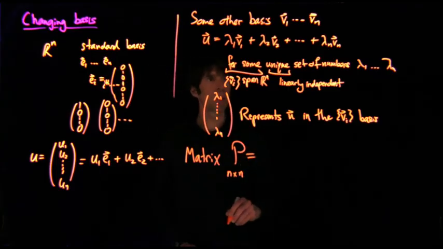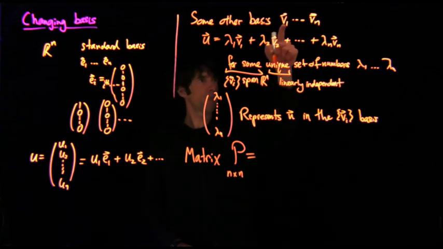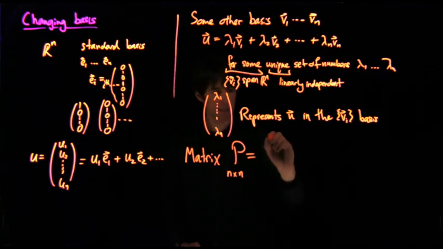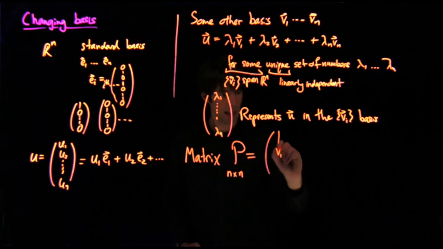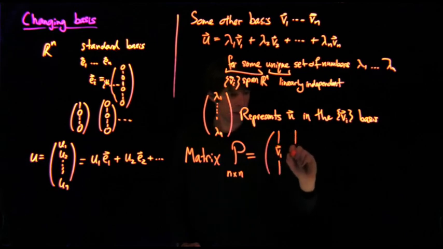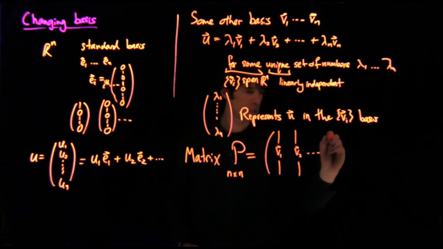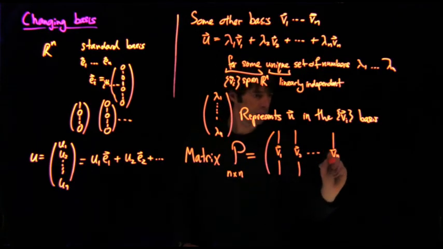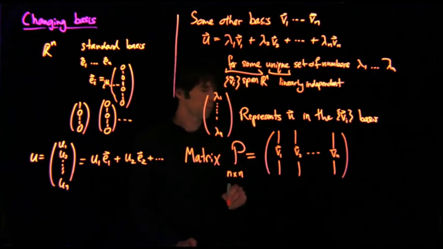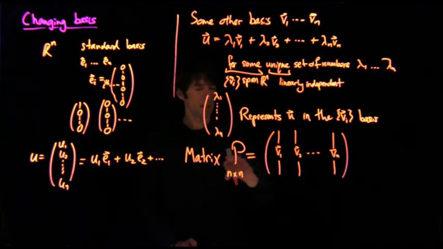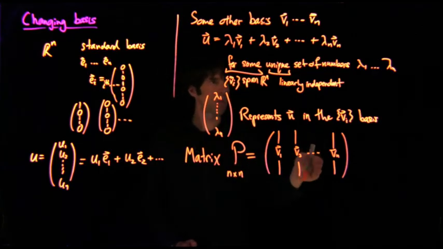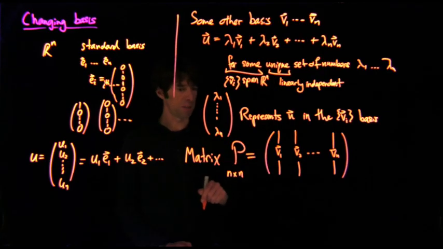And what I'm going to do is take the first basis vector, v1, and stick it as the first column. I'm going to take the second basis vector, v2, and stick that as the second column, and so on. Vn is going to be the last column. So I'm making a matrix where the columns are given by my basis vectors vi.